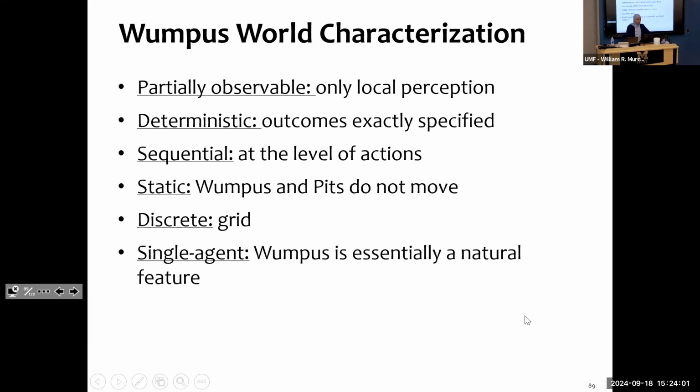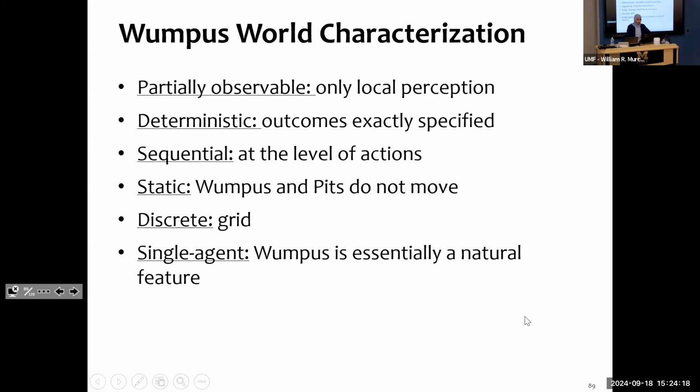Okay. Then it's deterministic because we know the outcomes exactly; they are specified. It's sequential because we have at a given level a set of actions, like sequences, that is taken as moving.